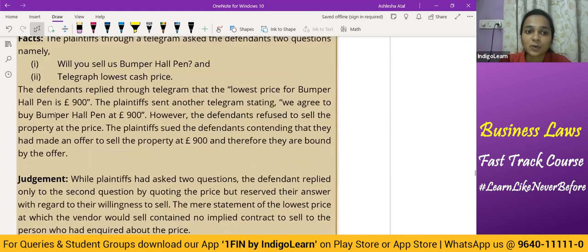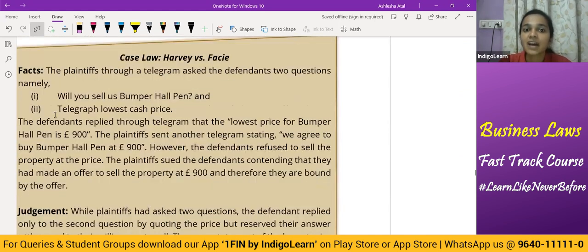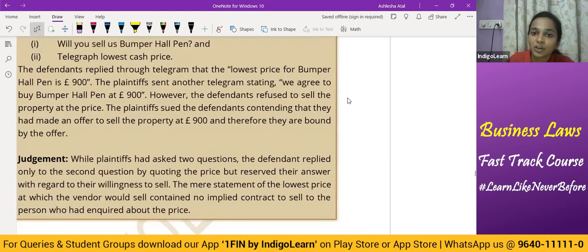So this was the case law wherein two questions were asked. However, only one was replied to, and then the plaintiff says that we agree to buy the pen. However, the company refuses to sell the pen, stating that we did not reply to your first question at all, so we are not bound to sell the pen to you.